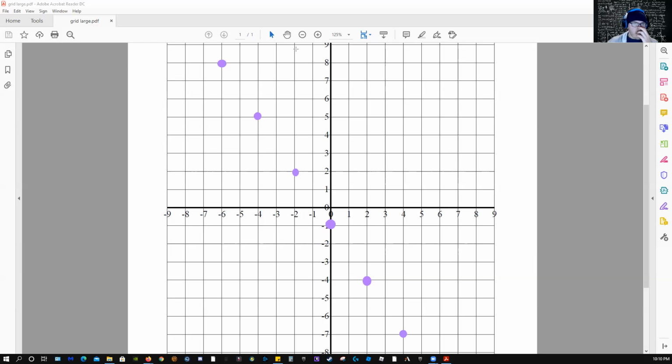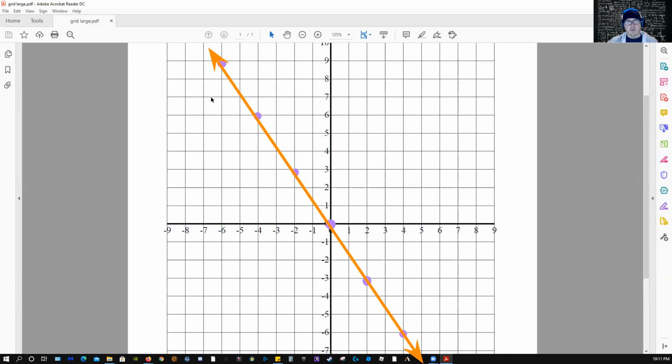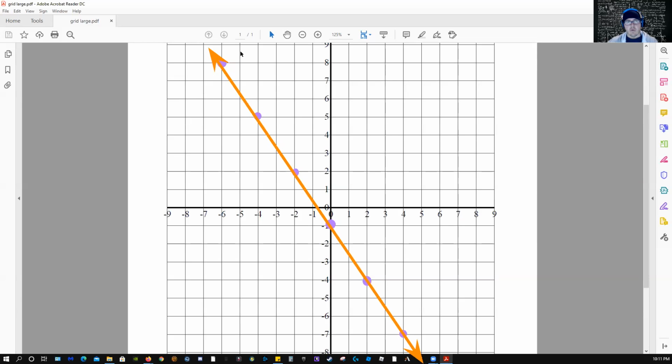Okay, so let's just say we've got a line that goes through all of these spots. That's pretty good. Okay, so there's our line going through all of these spots.